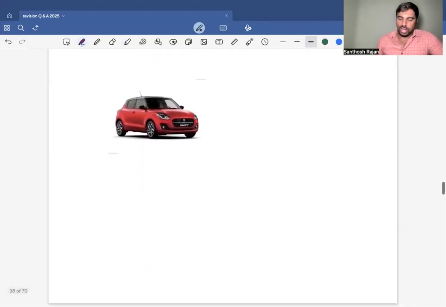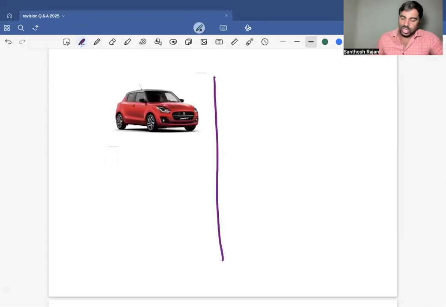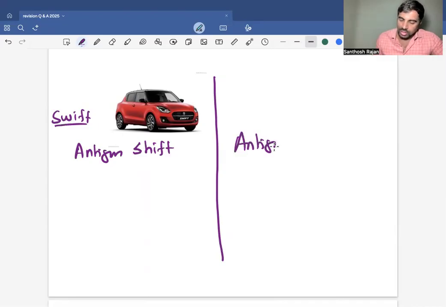So when you see a Shift car, you have to remember two things. I put it as a Shift car because I want to write on this side antigenic shift, and on the other side antigenic drift. Drift and shift.